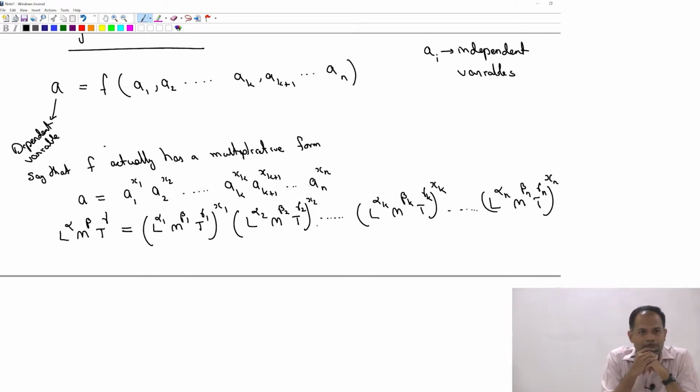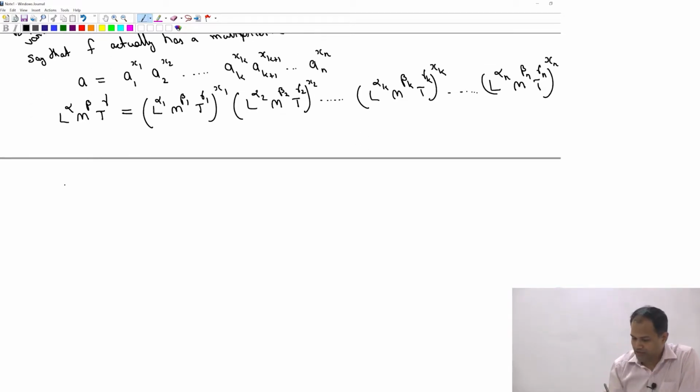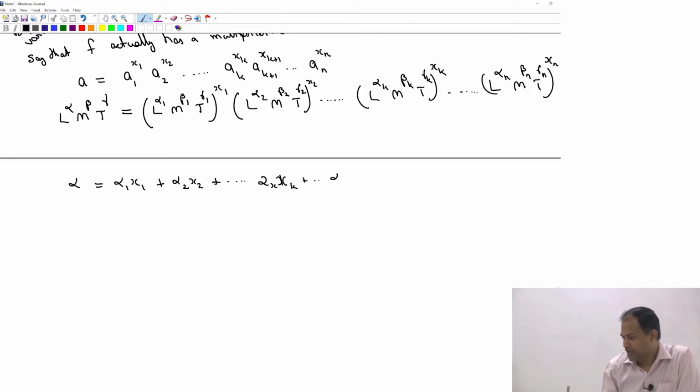The thing I'm going to do is equate the powers for each of the dimensions. If I equate for length, I'll find that alpha is equal to alpha 1 x1 plus alpha 2 x2 and so on, alpha k xk, alpha n xn.